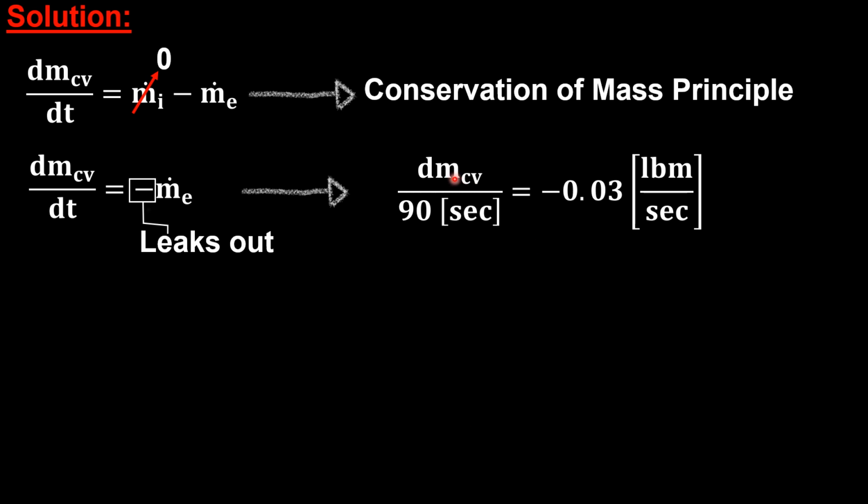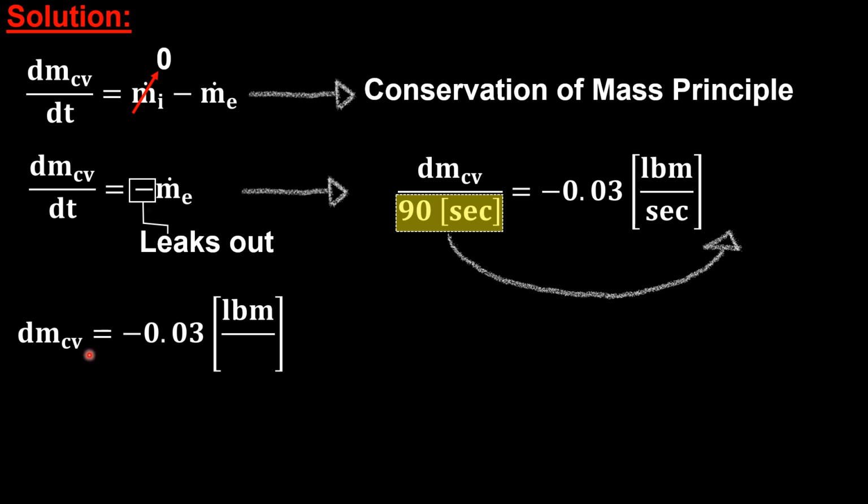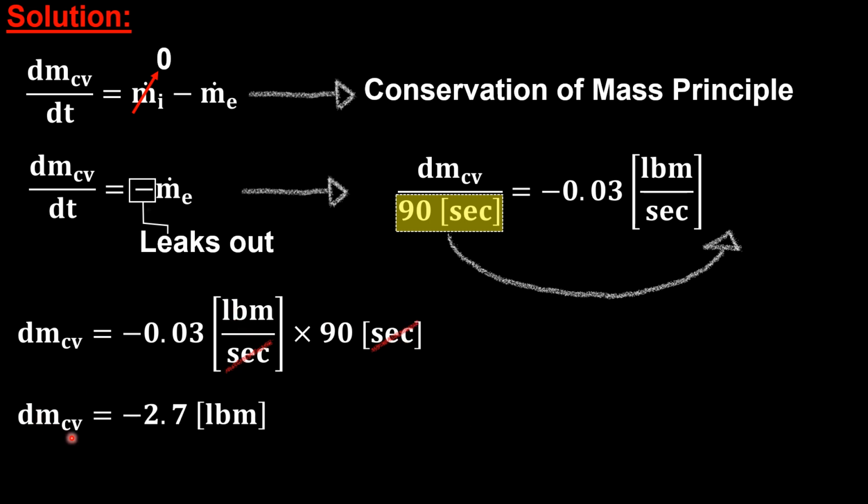So we can solve for the change of mass within the control volume by taking this 90 seconds and moving it to the other side of the equation, from division to multiplication. The seconds cancel, and we are left with pound mass. So the change of mass within the control volume is equal to 2.7 pound mass, and the minus means that's how much mass has exited the system.